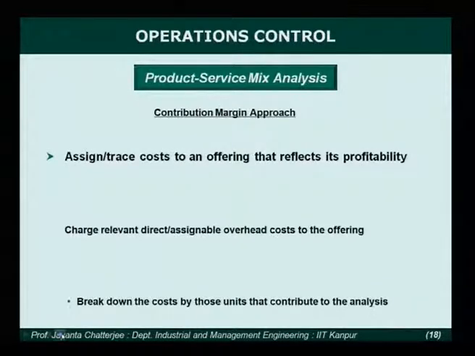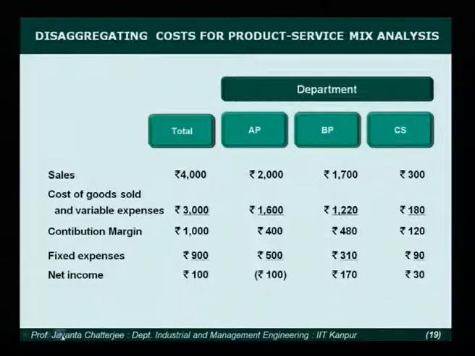And as I mentioned, that we have to trace each cost to the precise activity where it emanates from, and then break down the cost by those activity units. And so I think it will become clear if we look at this. For example, if we take a particular organization where there is a product class A, a product class B, and a service associated with it.